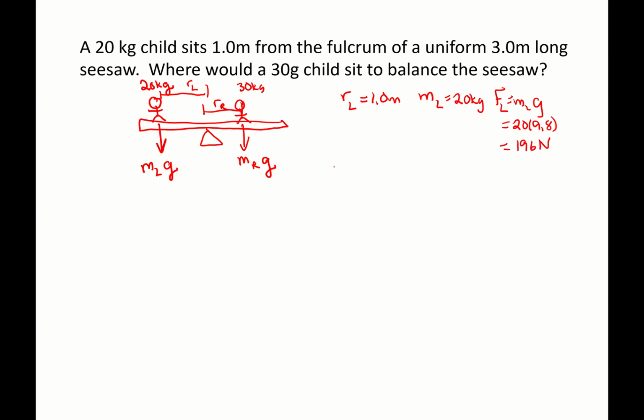On the right side, we don't know the distance. We know the mass on the right is 30 kilograms. And so the force on the right is going to be the mass on the right times g. So that's 30 times 9.8, or 294 newtons.